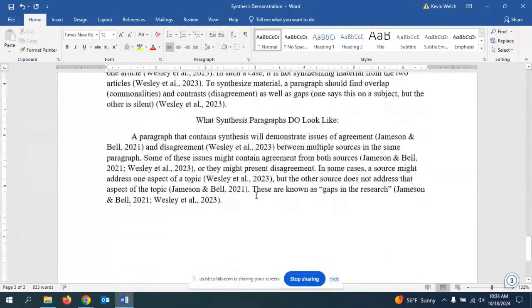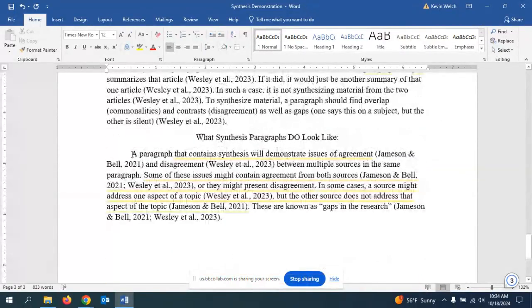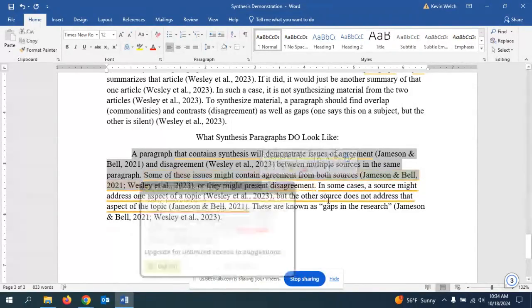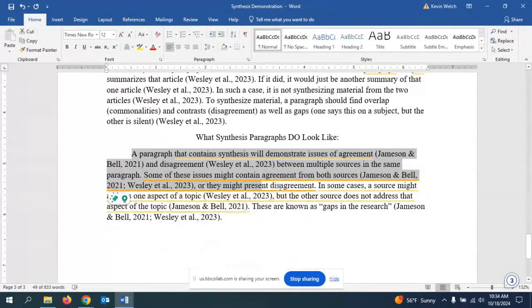What synthesis does look like, though, is when you have both of the articles and the overlapping ideas, whether shared ideas or contrasting ideas or gaps within the same sentence repeatedly throughout the paragraph. A paragraph that contains synthesis will demonstrate issues of agreement and disagreement between multiple sources in the same paragraph.